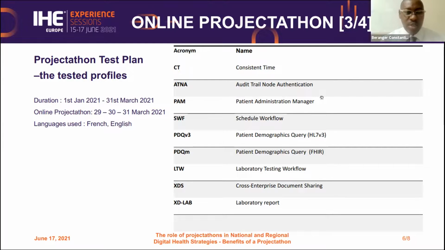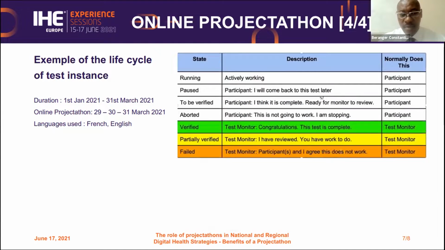So you see in this slide the different profiles which were tested for this event. Here you have the different states of a test instance on the participant and monitor side.